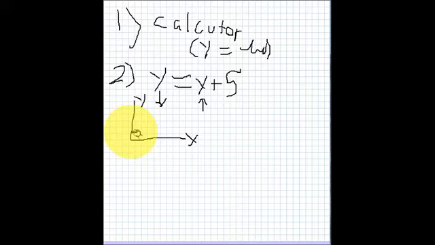So if you put in 1 into x, you're going to get 6 for y. So you just go over to 1 for x and 6 for y and draw a point. And if you put in 2, you'll end up getting 7 out. So you just go to 2, and you just go to 7, and you draw another point.